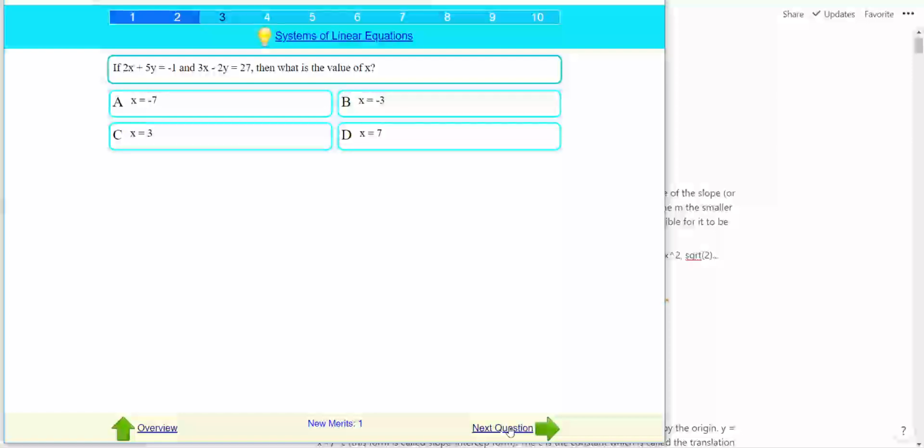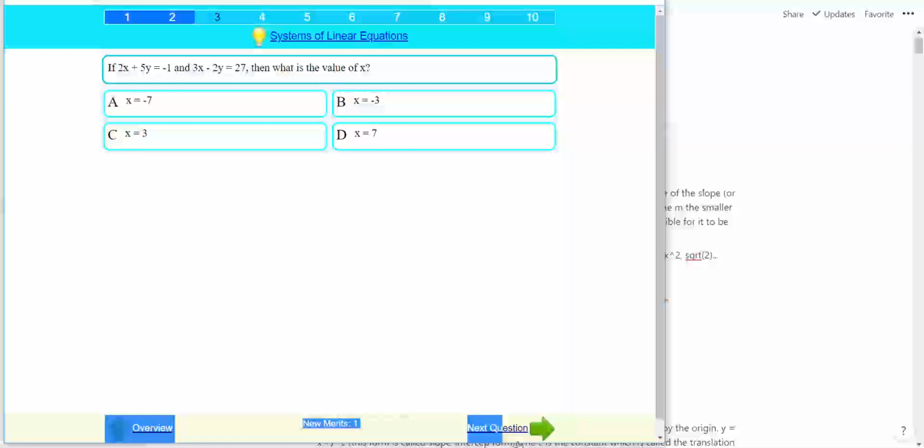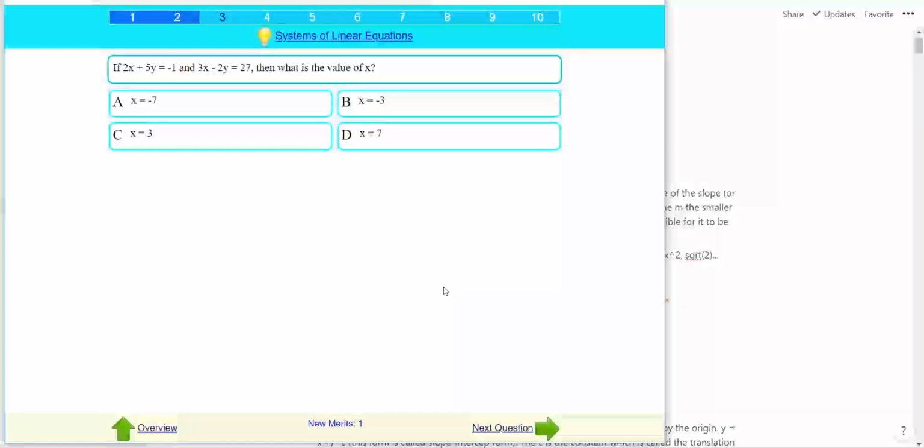So x would equal to 2y plus 27 divided by 3. So we will have x would equal to 2y over 3 plus 27 over 3. We have a 9 here.